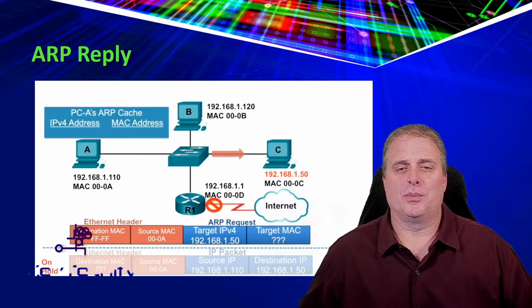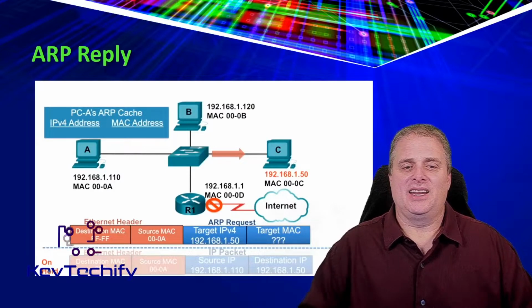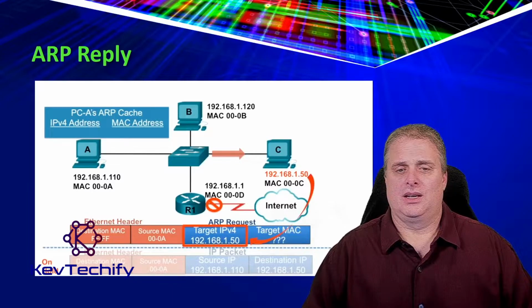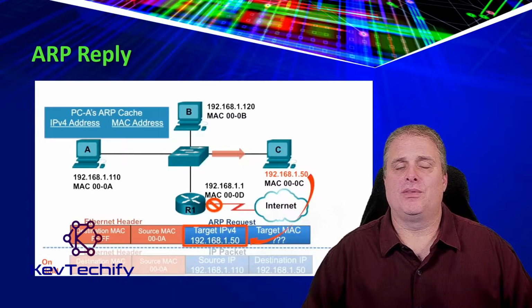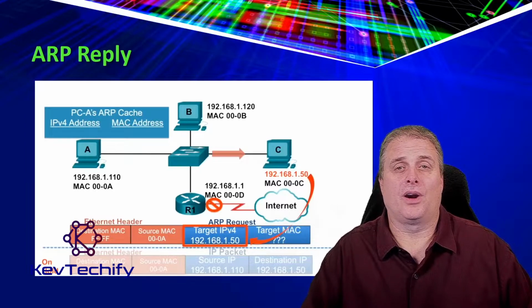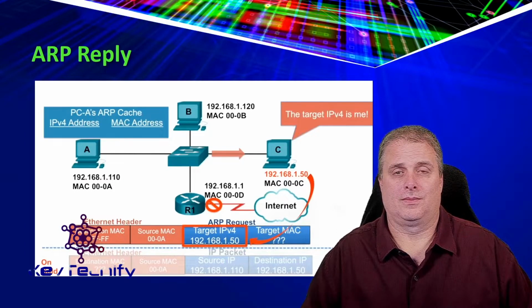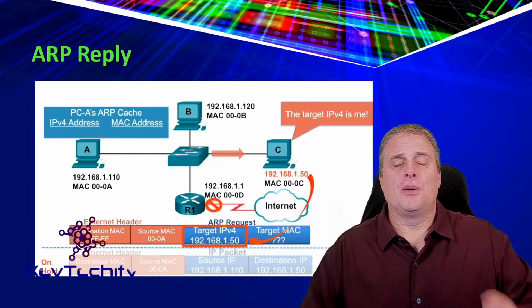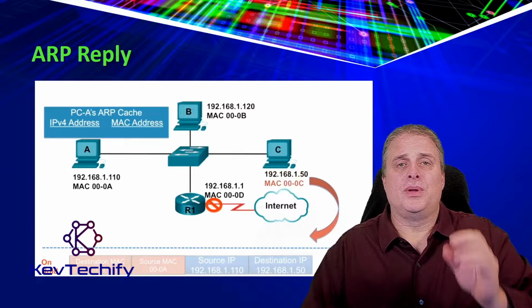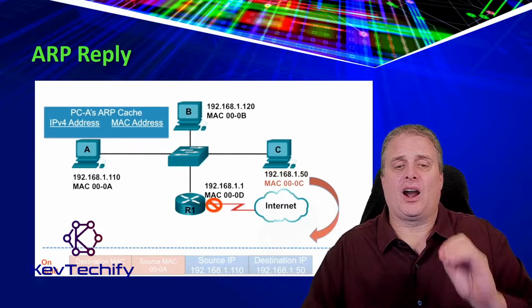Looking at this example, PCA got in an ARP request. That ARP request, the target IP version 4 address matches PCC's IP version 4 address. Because it matches, PCC now needs to send an ARP reply. PCC will create that ARP reply.